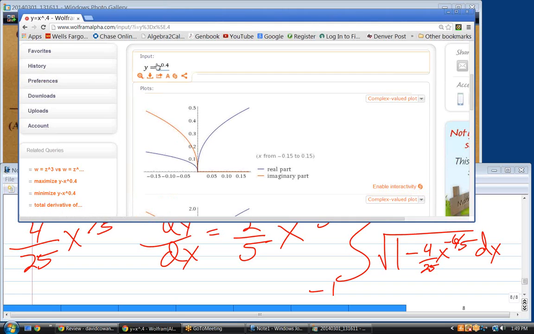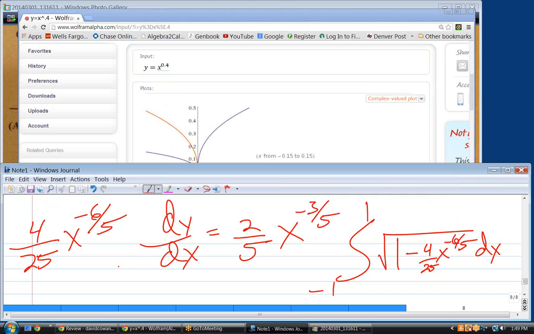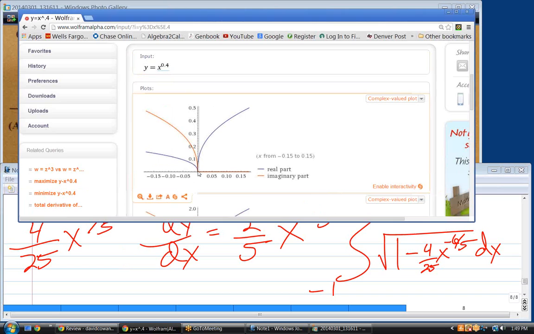Well, notice that we graphed the function they gave us, which was y equals x to the 2/5, but you can't take the derivative of that across from -1 to 1. It's not differentiable at this point right here, 0. It's got a cusp. So the way we're going to have to do this is by integrating from -1 to 0 and then adding that to the integral from 0 to 1 of the same function.